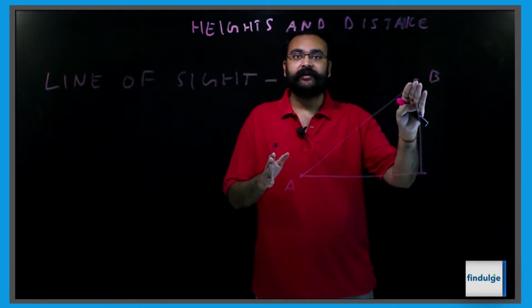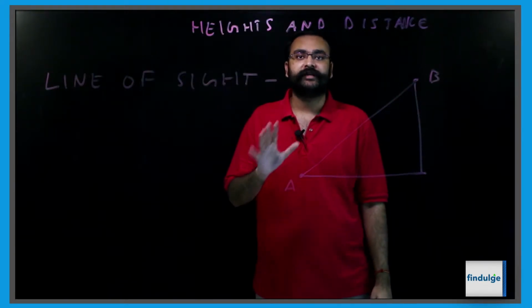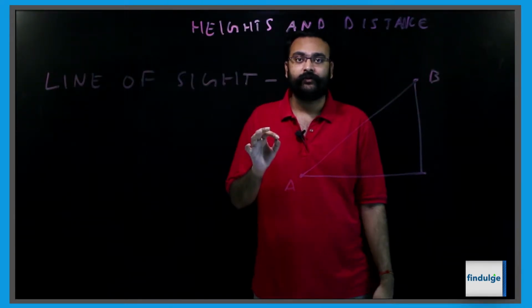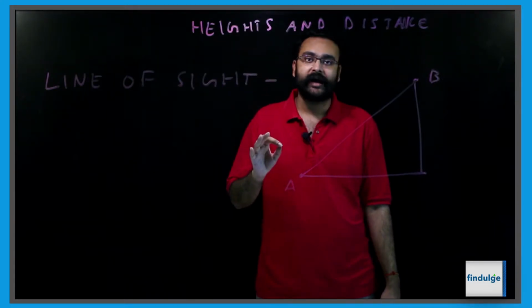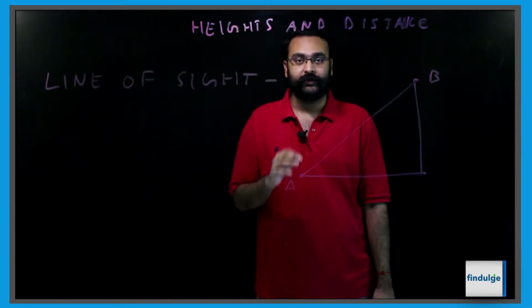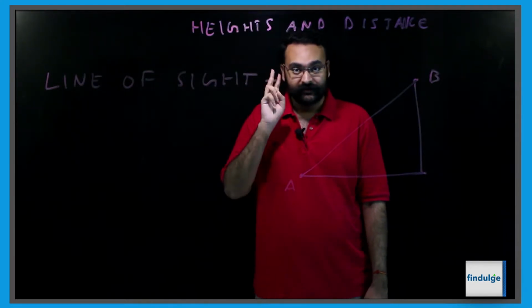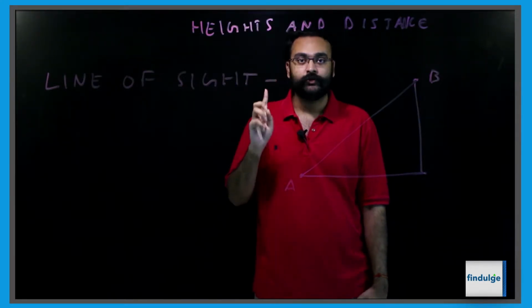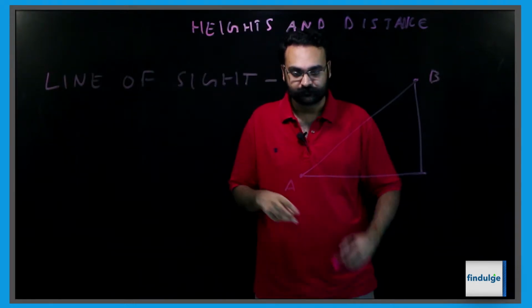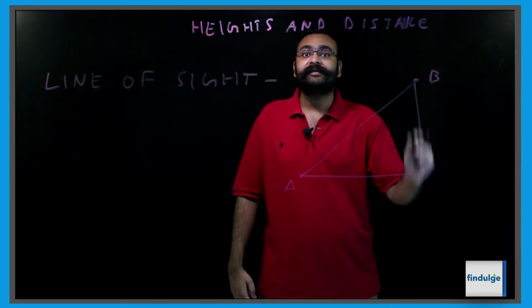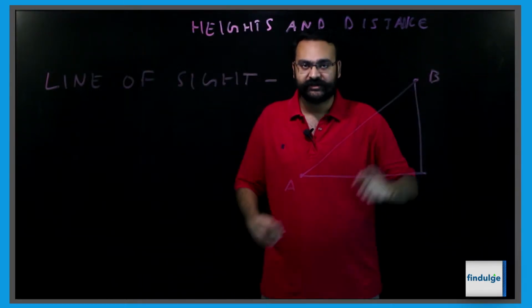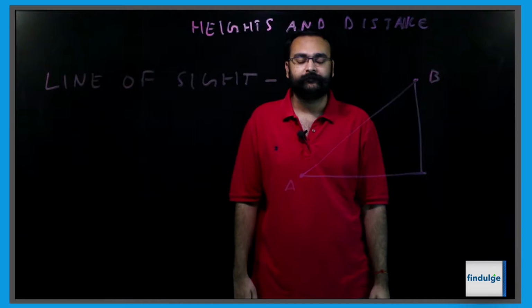The line of sight is the first and most critical thing to figure out in every question. We will always first join our line of sight and then proceed with the question. The next two definitions are used to solve the question. Now, we are assuming this is a straight building, standing on the ground in a straight manner.